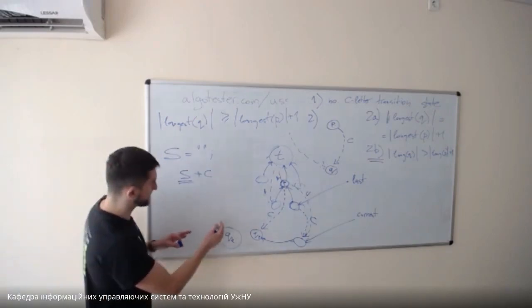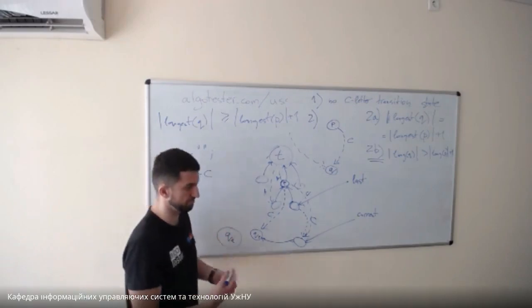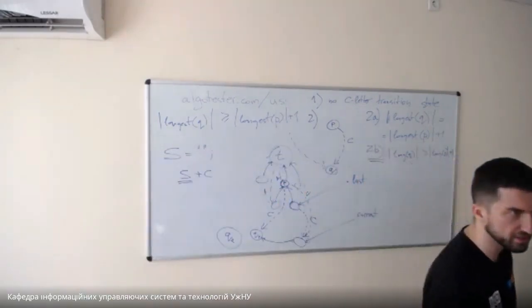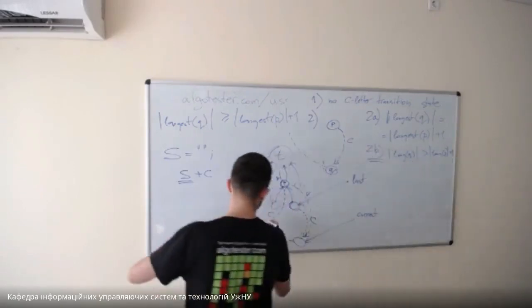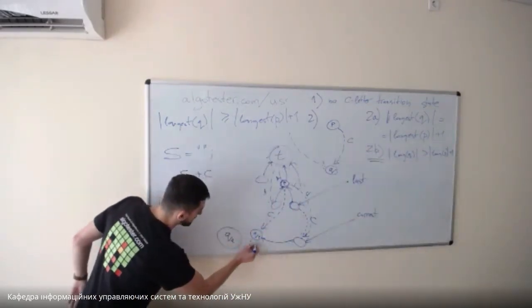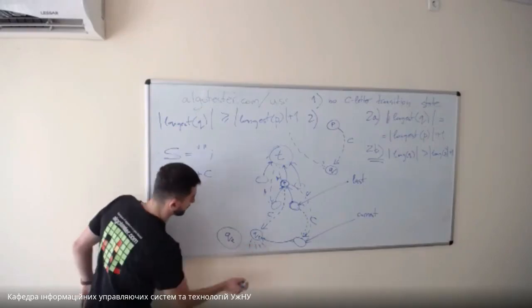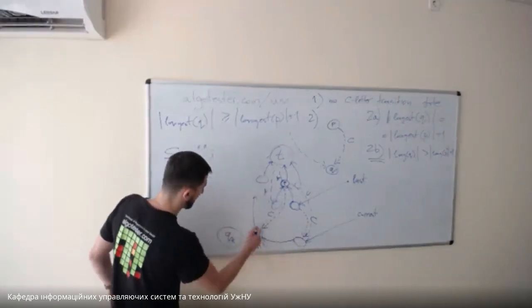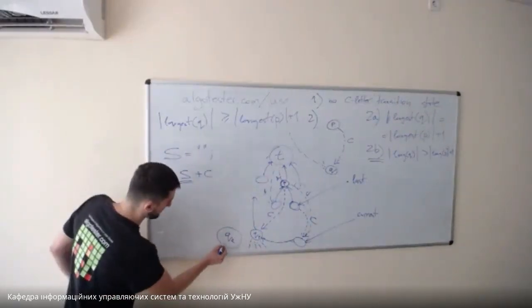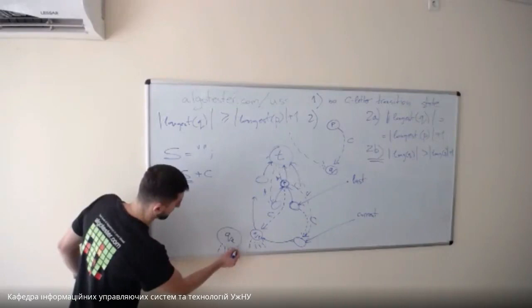By splitting, I mean copying or cloning the state, which means that for all the transitions coming out of Q, and for the suffix link coming out of Q, we copy the same information here.